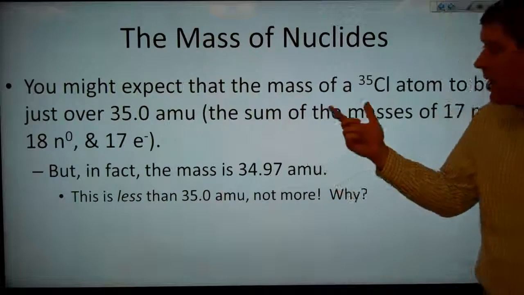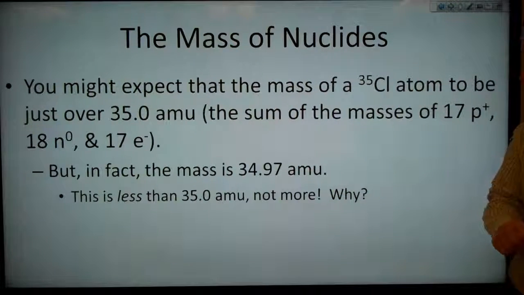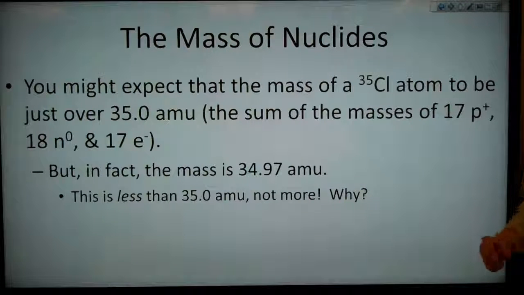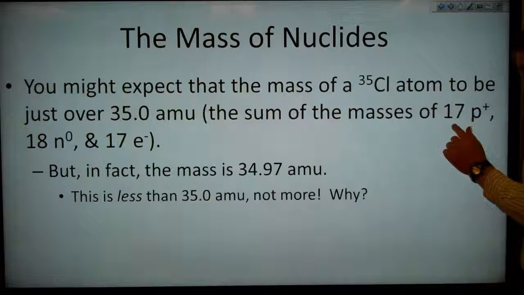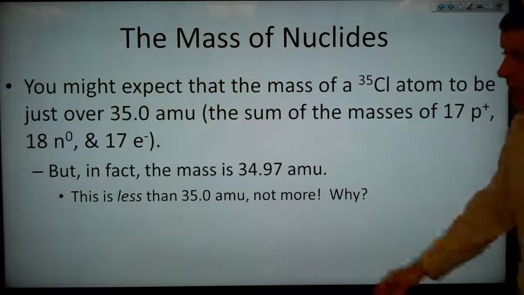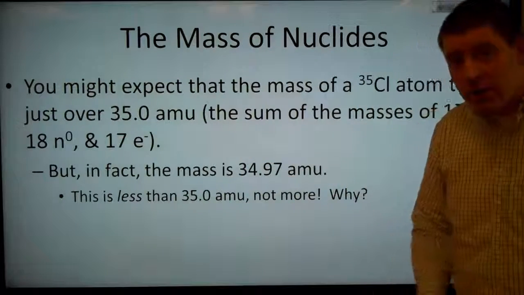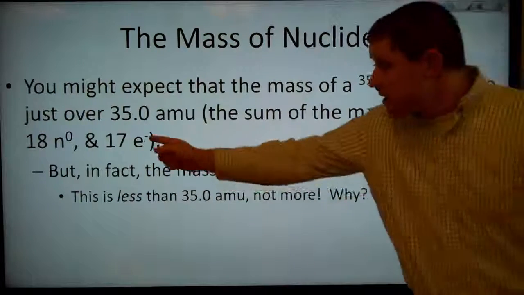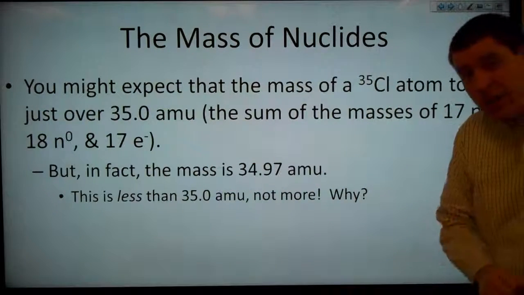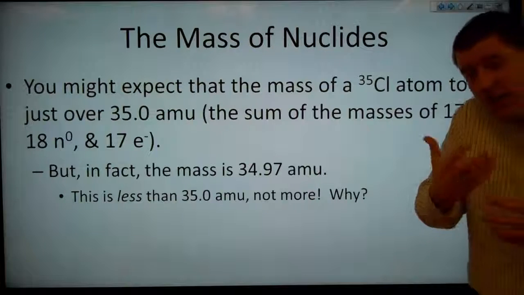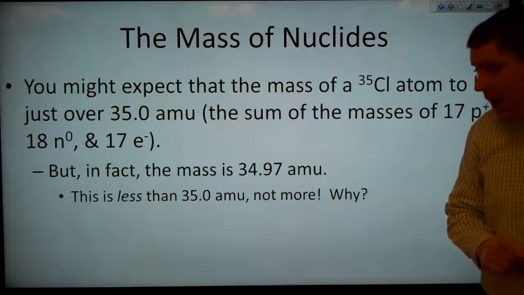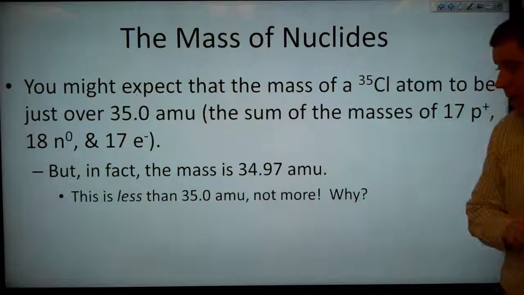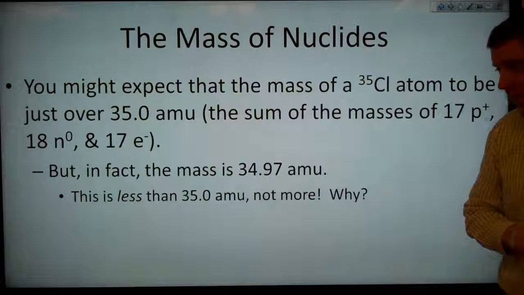You might expect the mass of a chlorine-35 atom to be just over 35.0 AMU, because the sum of the masses of 17 protons at 1 atomic mass unit apiece, plus 18 neutrons at 1 atomic mass unit apiece should give us 35, plus 17 electrons at just a tiny fraction, that should give us something just over 35. But in reality, the mass of that atom would be 34.97 AMU.